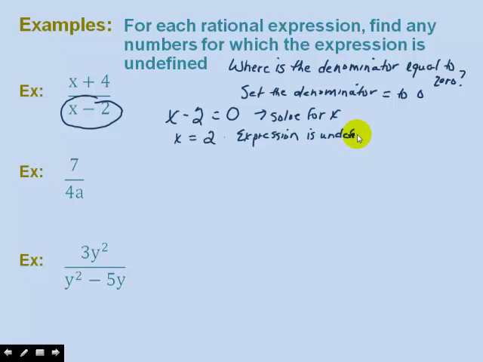If our replacement value is 2, so it's undefined for x equal to 2. Okay, let's try with this one. Now again, all we're going to do is take our whole denominator and set it equal to 0. Now to solve this for a, we would divide both sides by 4.